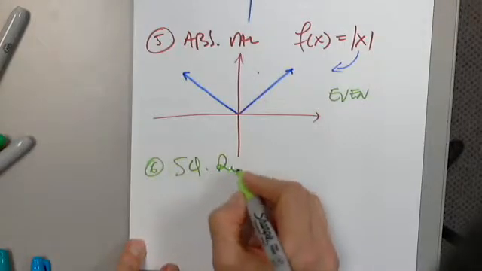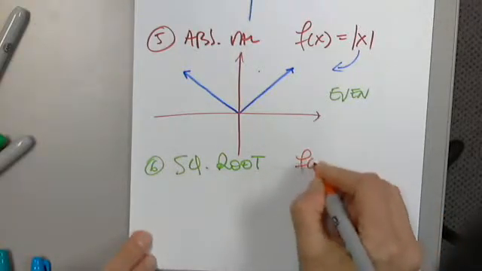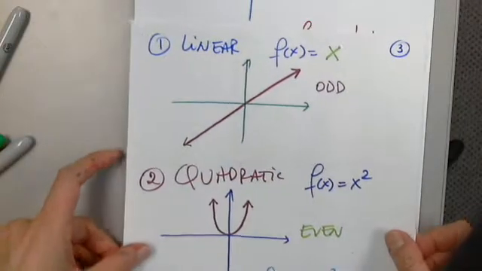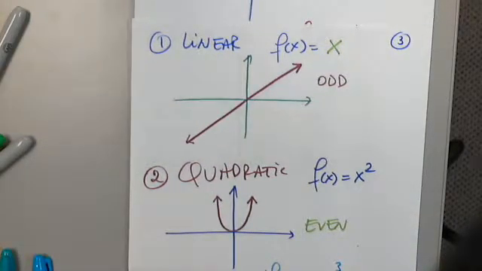Square root. Can anyone give us the simplest possible square root function? Very good. Now let's stop for a moment and let's go back here. You could say, well, you don't stand by your rules. You're asking us to graph these functions, but you forgot to do something very important that you always tell us.